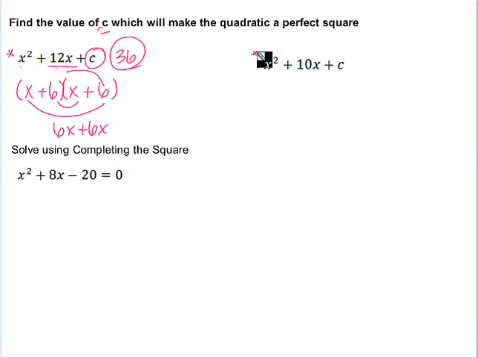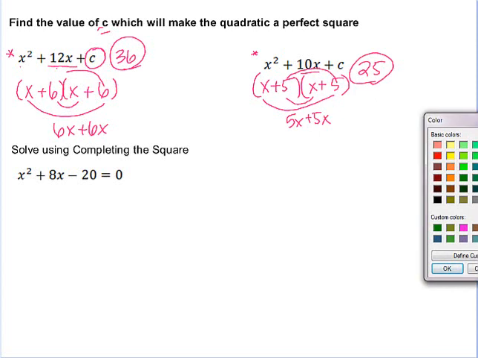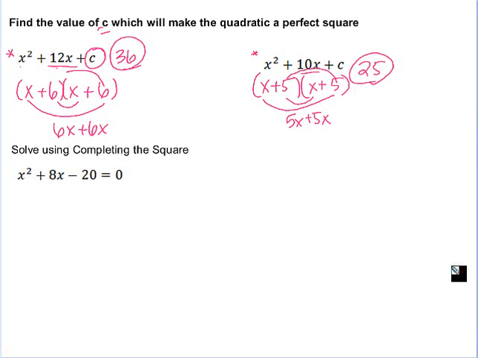Second one, x squared plus 10x plus c. Well, in order for us to have the 10x here, it would have been x plus 5 times x plus 5, because then 5x plus 5x would have given us our 10x. 5 times 5 is 25. Now, one way that you can always get the c value without even thinking of that step is you can take that middle term.